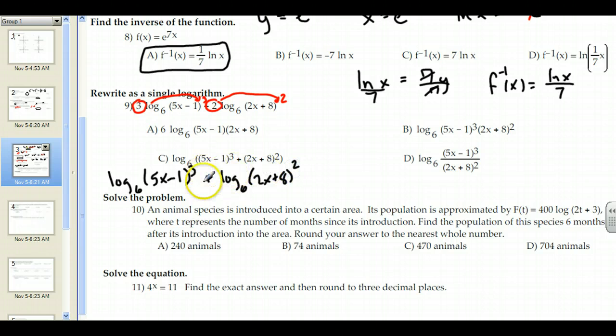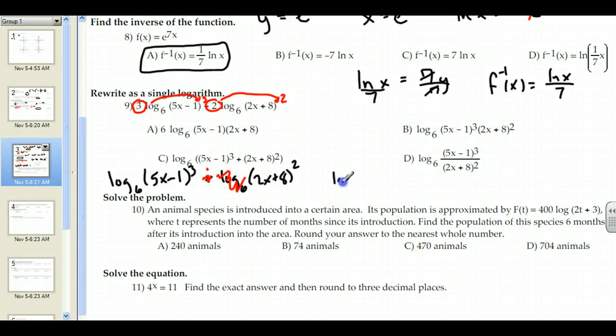Then we're going to use the product rule, meaning we're going to replace this plus with multiplication and wipe out a log. This plus goes away, becomes a times, and we don't need both logs, so we're going to get rid of that, and then these two things come together.